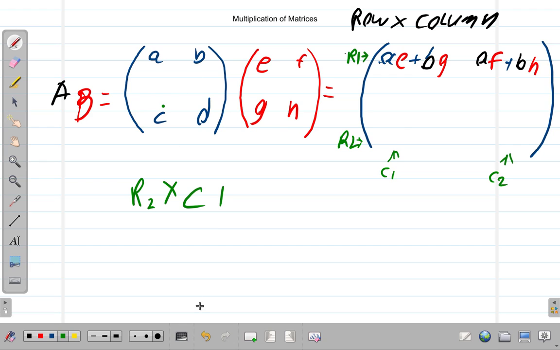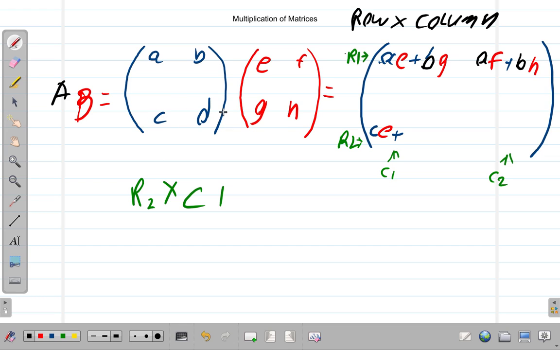Now, row 2 of the first is this, column 1 of the second is this. You see that? So, the first elements multiplied. First in row 2 is C times the first in column 1 is E. You see that? Plus, seconds now.